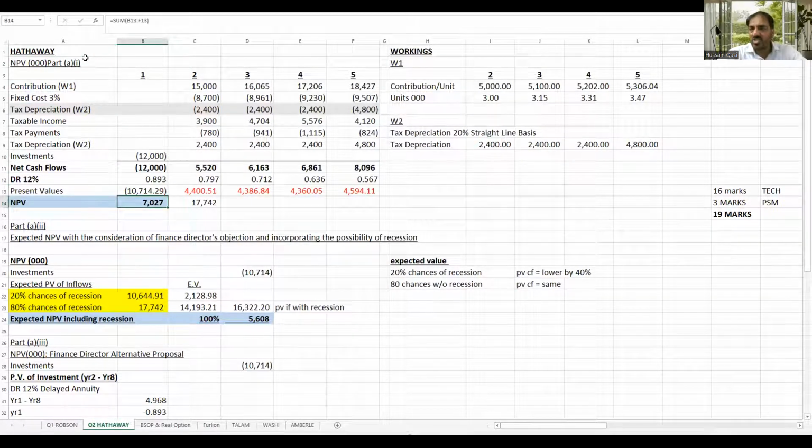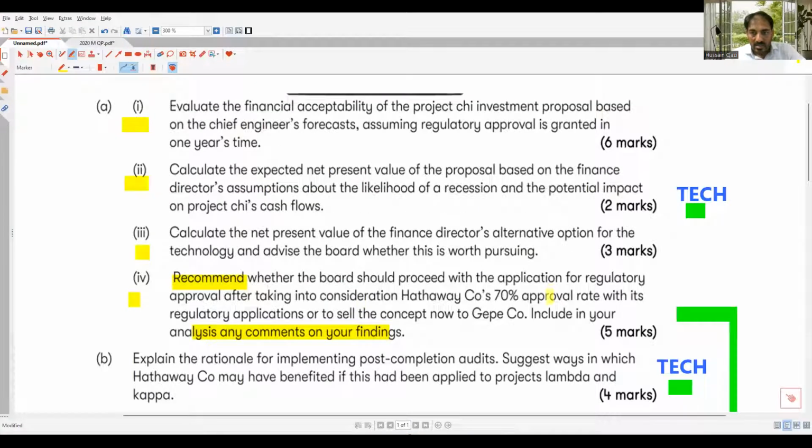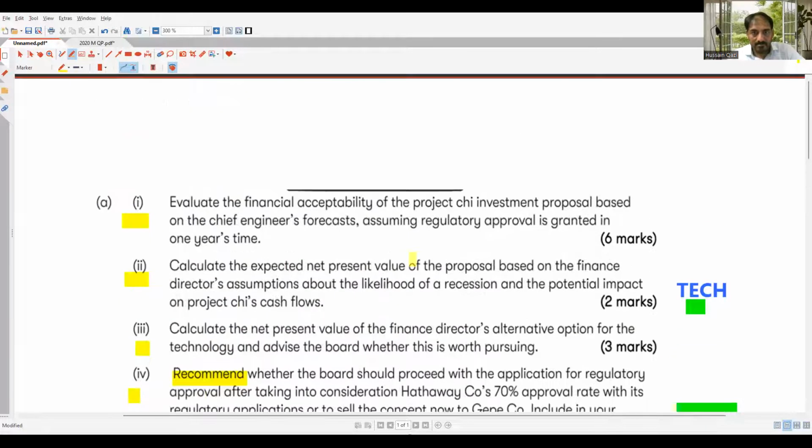That is something 7027 or 7.03 million. I will compare with sell the concept, and sell the concept is available within the question.